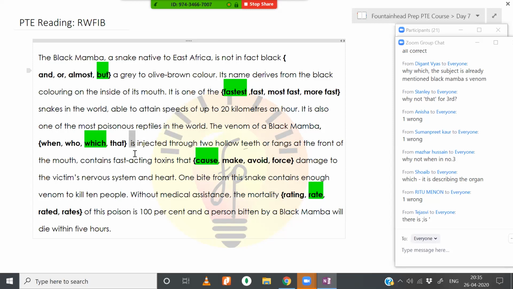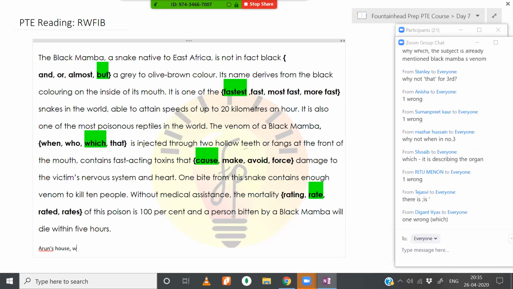Let me just give you an example here. Let me write down a sentence. Arun's house, which has 2 bedrooms, is located in Mumbai.